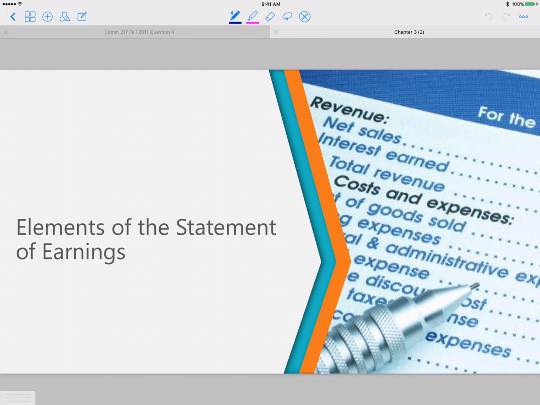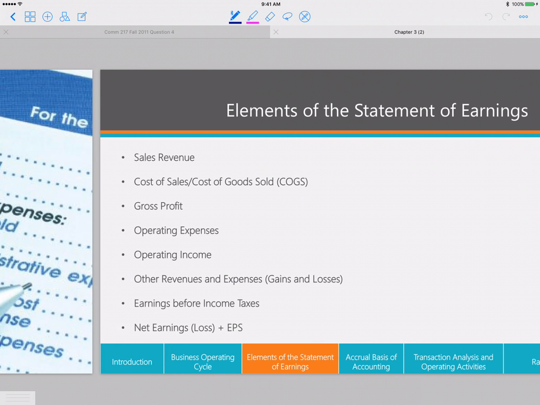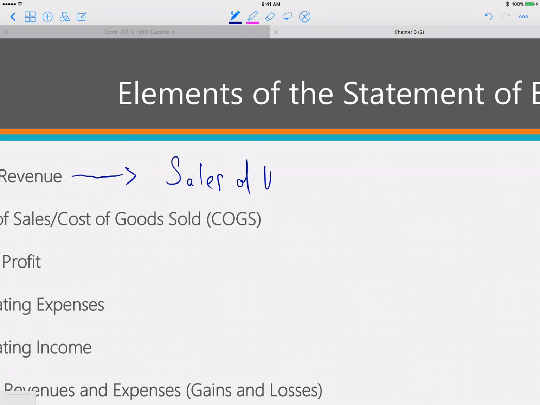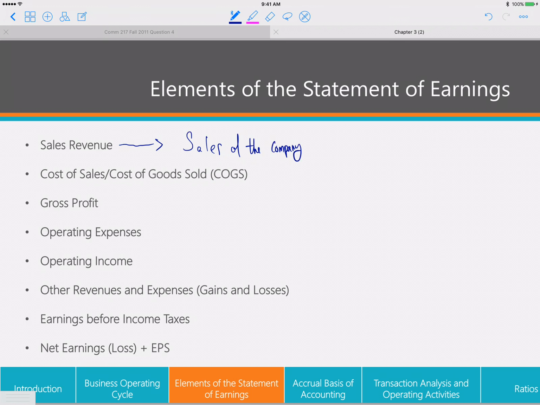So let's talk about the different elements on the statement of earnings. We're going to look at them from the top down. The top line on the statement of earnings is sales revenue. So this is all of the sales of the company. Next, we have the cost of sales or cost of goods sold.